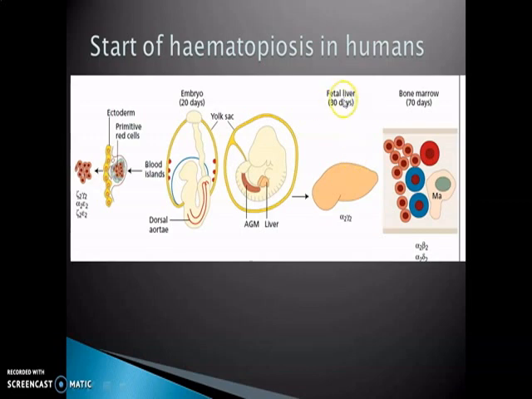And when it reaches 30 days of embryonic life, the liver starts producing red blood cells, and in the bone marrow at 70 days, these are all nucleated red blood cells, and the characteristics are different from adult RBCs. Adult RBCs do not have a nucleus, but these embryonic RBCs do have nuclei, and the hemoglobin has different globin proteins. Here there is the eta and gamma type, alpha and epsilon type, eta and epsilon type.